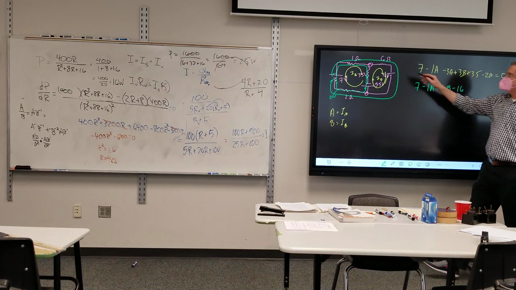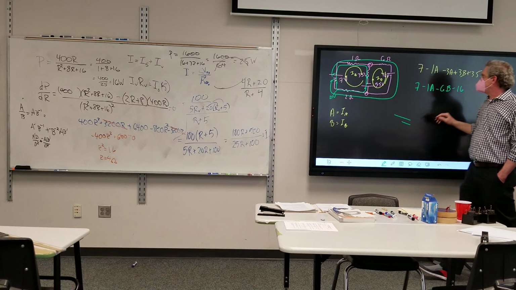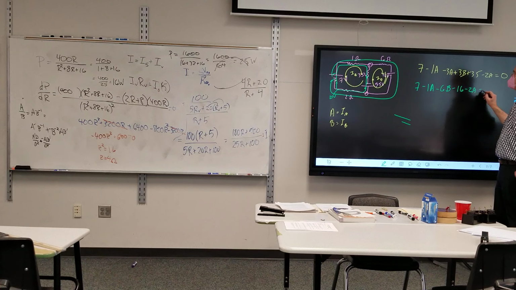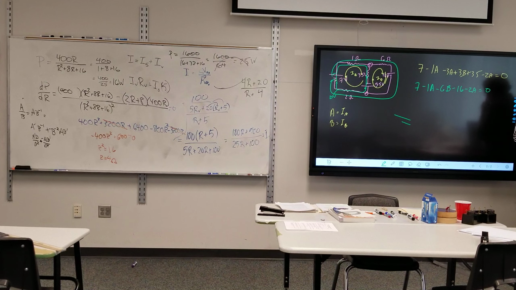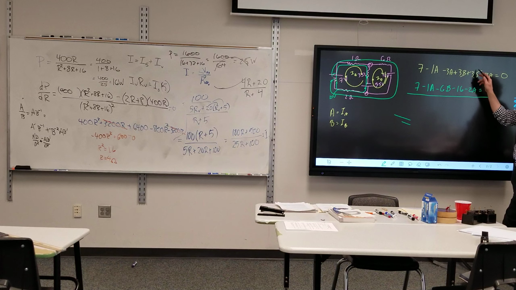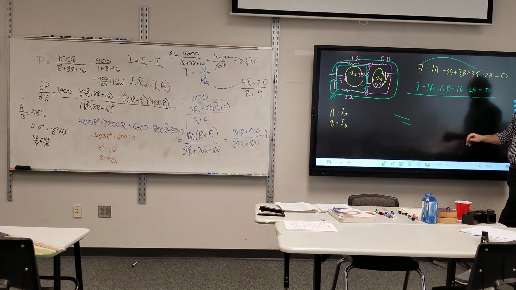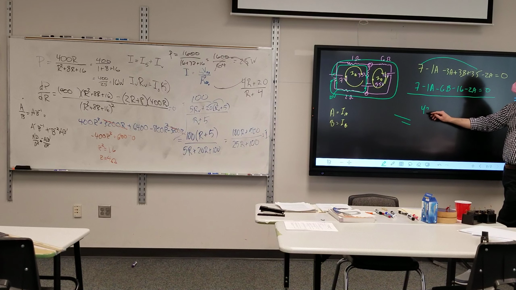-16, come back around, go across my 2 ohm, -2A equals 0. 2 equations, 2 unknowns. We simplify. So I got those, so that's 42. Then A, -3, right?